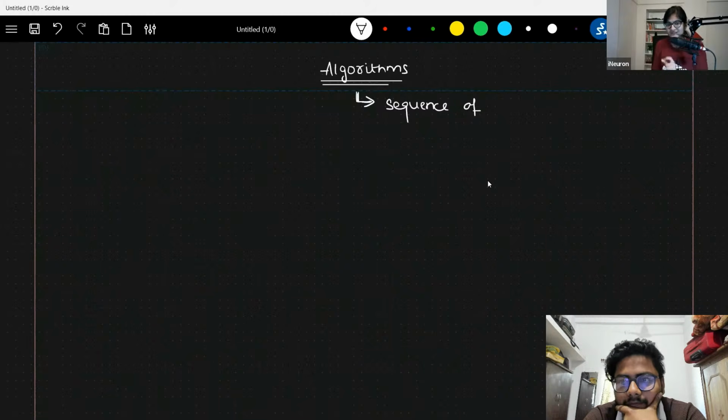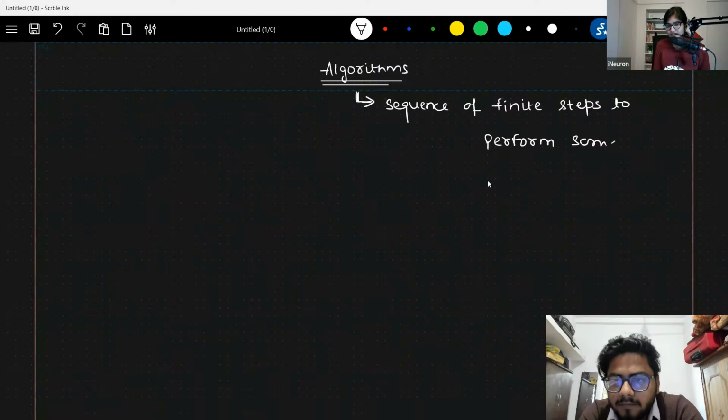But now these steps should be, I'm adding one more term here, a sequence of finite steps to perform some specific task.